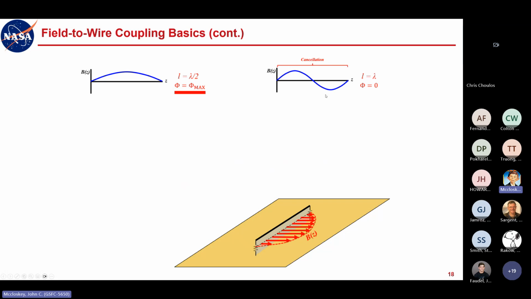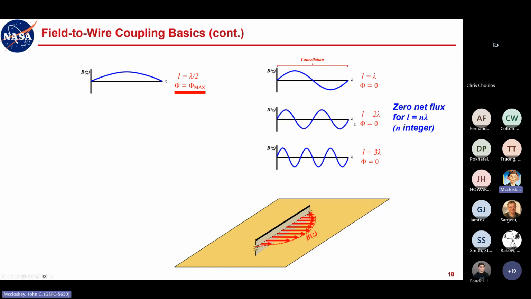So the net flux is zero. And that's going to be true whenever the length is an integer multiple of lambda. Basically in this right column, the total net flux is going to be zero for all of these cases where L is some integer multiple of the wavelength.